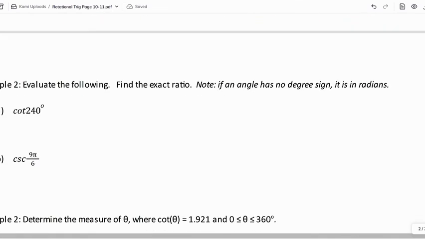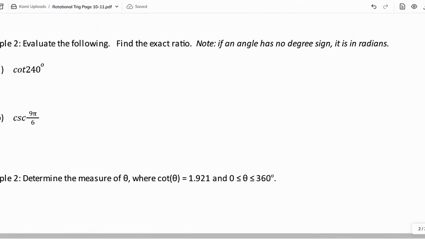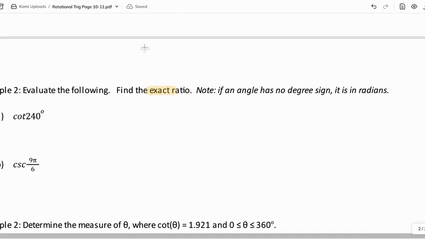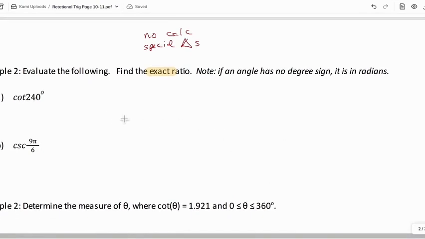All right, Example 2. Evaluate the following. Find the exact ratio. What does exact tell you? No calculator. So instead, what can we use? Special triangles. Okay, let's start with the first one: cotangent of 240.